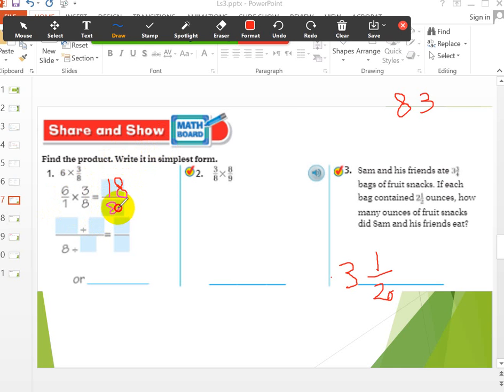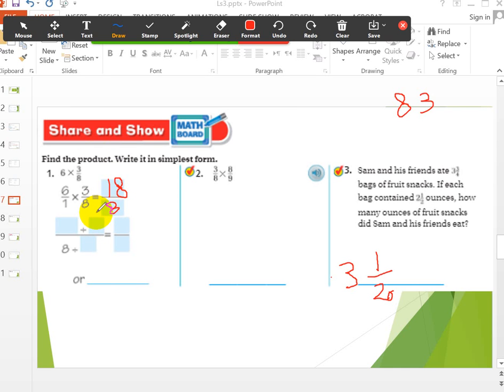Now, 8 over 18. Is this the simplest form for this fraction? No, it's not the simplest form, because there is a greatest common factor between numerator and denominator. What is the greatest common factor between numerator and denominator?